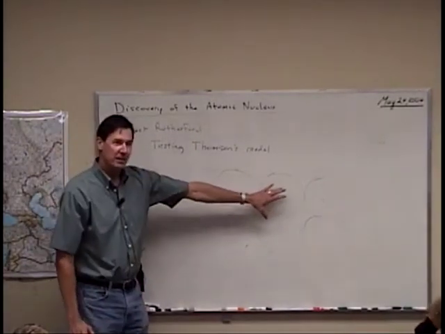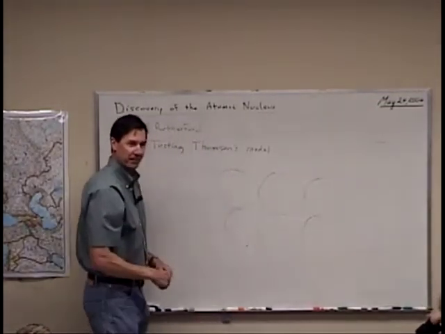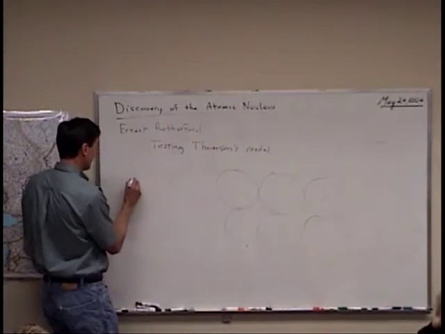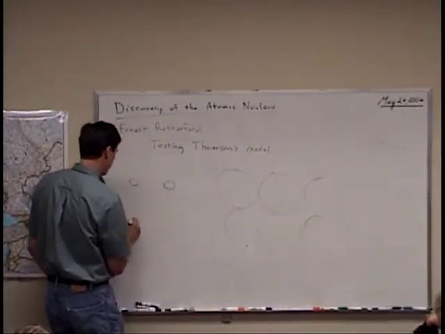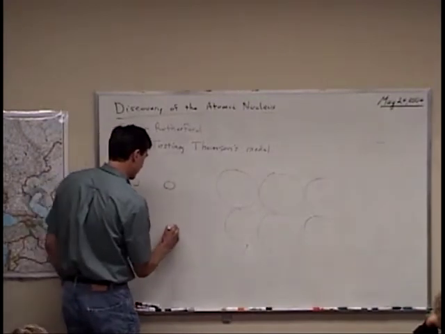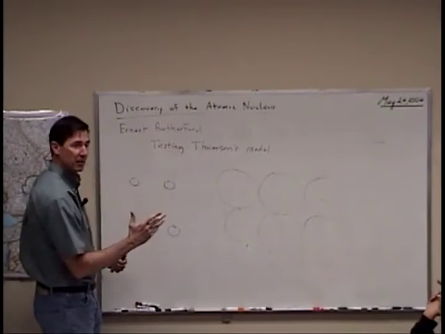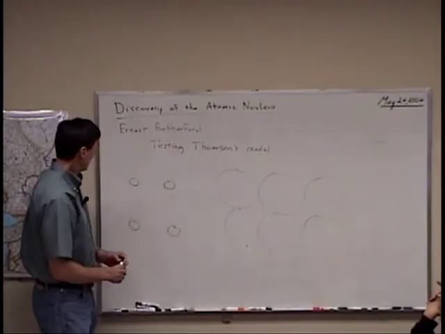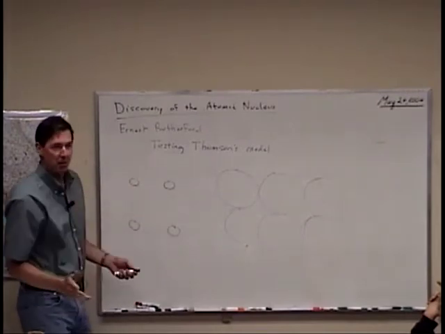But what if instead of cakes taking up all the area here, you had little lead balls with a lot of space between them? Well, then when you throw the baseball, most of the time the baseball is just going to go right through. It's not going to hit the lead balls at all.